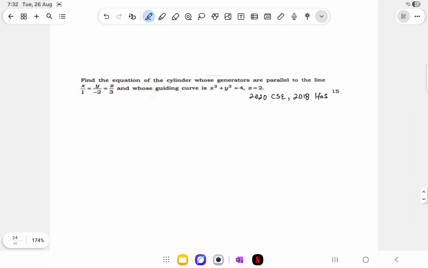The next question says: find the equation of the cylinder whose generators are parallel to this line and whose guiding curve is this. This question is similar to the one we have done previously. If the generators are parallel to this line, let alpha, beta, gamma be any point on the cylinder.